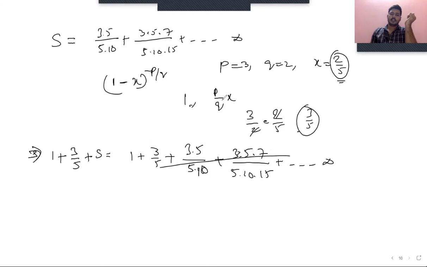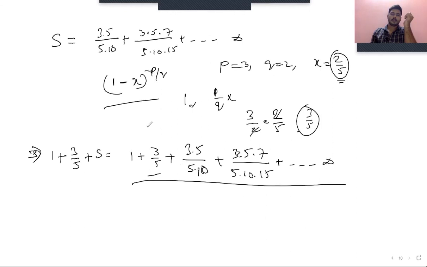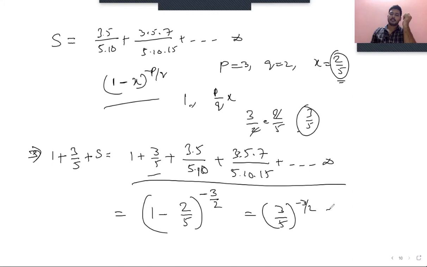So this left hand side can be completely converted to this expansion. So 1 minus 2 by 5 whole power minus 3 by 2. So it will be 3 by 5 whole power minus 3 by 2. That's nothing but 5 by 3 whole power 3 by 2. That's nothing but square root of 125 by square root of 27, which is equal to 5 root 5 by 3 root 3.